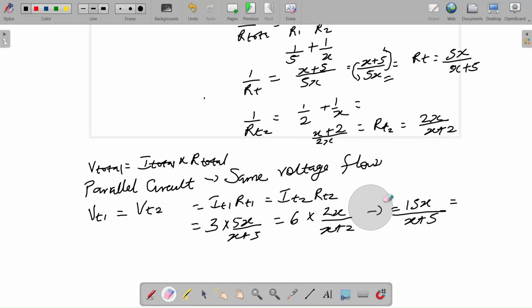Let me remove this equals first so that I will not be confused about which equals this is.